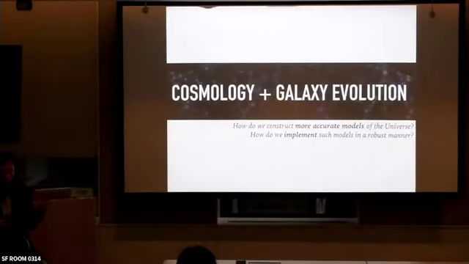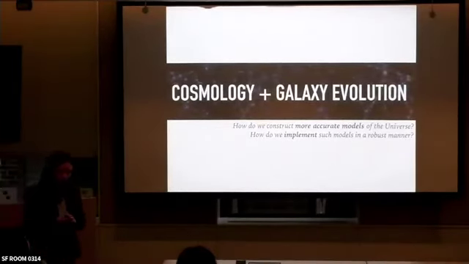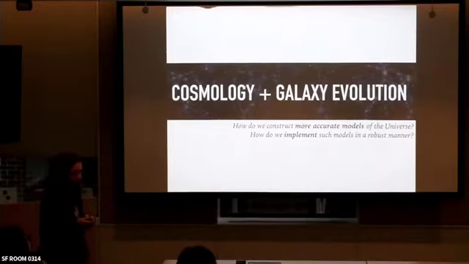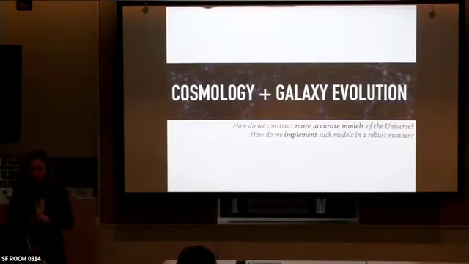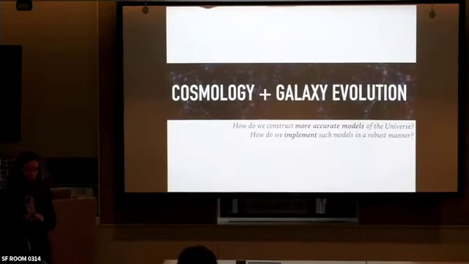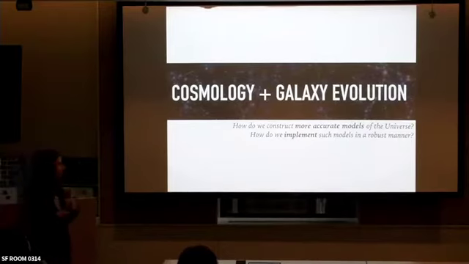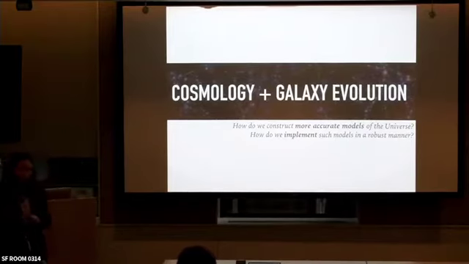Okay, but as our error bars shrink in size, we also face new challenges. And those challenges have to do with the way that we model the universe nowadays. And we need more accurate models if we're going to succeed in obtaining parameters for dark energy and other cosmological constraints from our data sets.